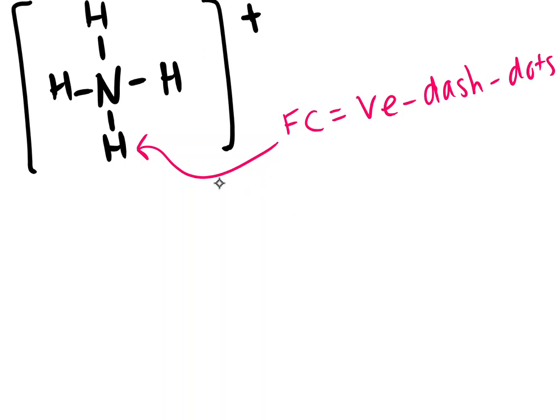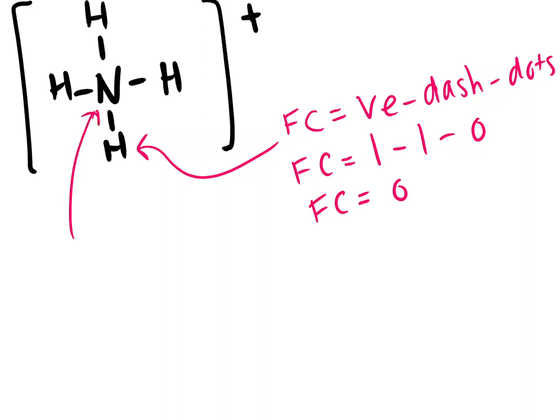So for the hydrogen, the formal charge is 1, the number of valence electrons hydrogen normally has, minus the dashes, and then it has no dots. So the formal charge on that hydrogen is 0. It's neutral.